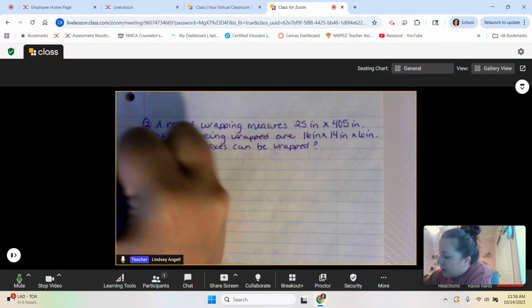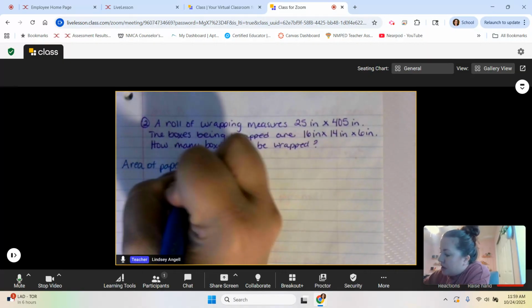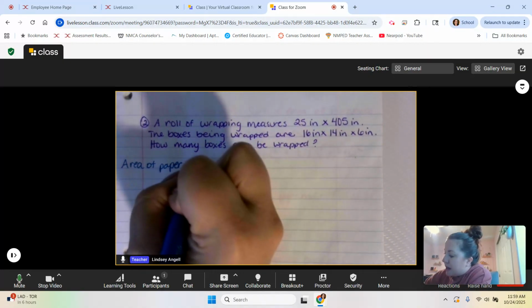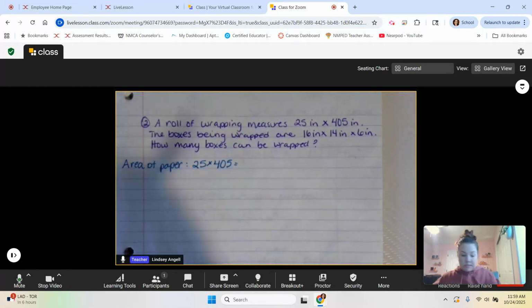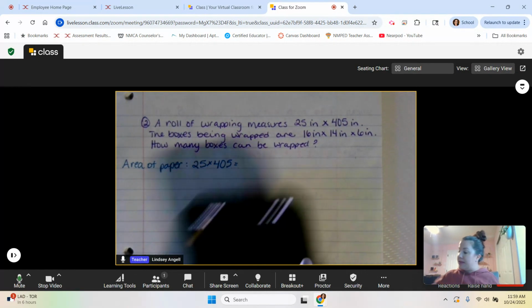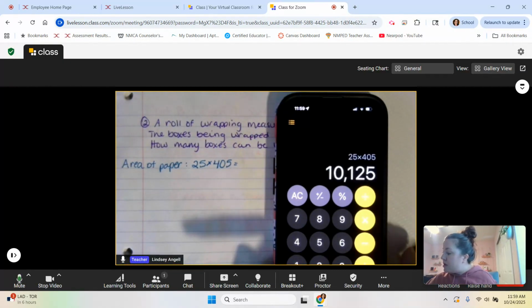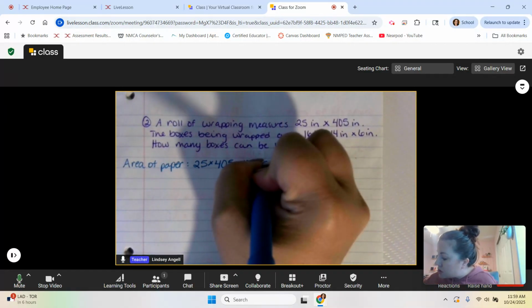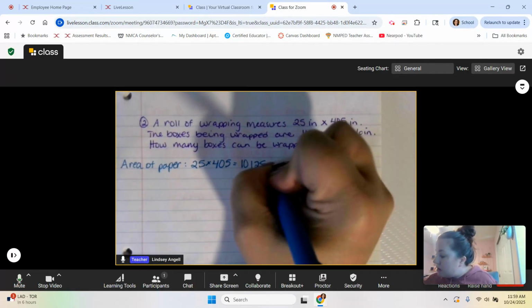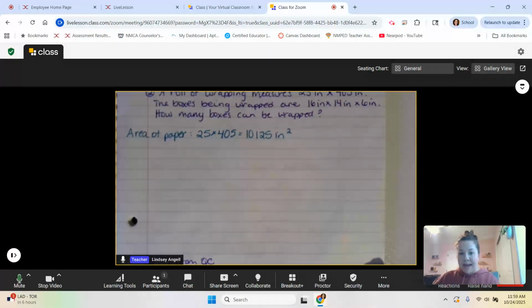So area of the wrapping paper is found by doing 25 times 405. Let me get the calculator again. 25 times 405, well, that gives me 10,125 inches squared. Okay, so that's that area.